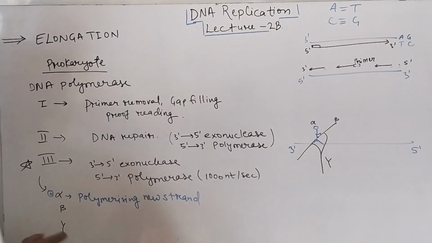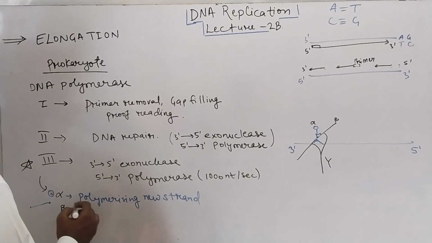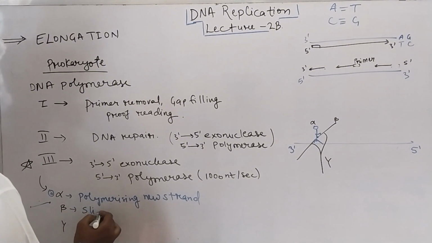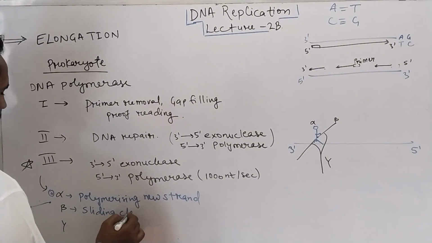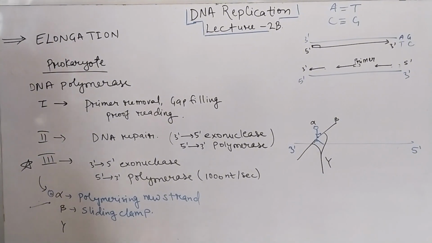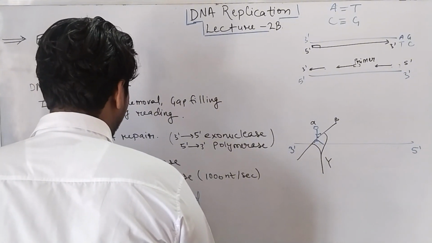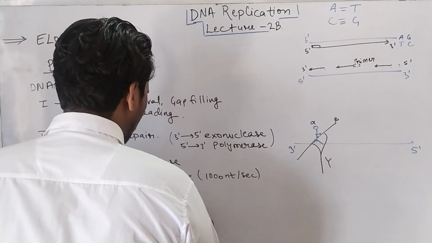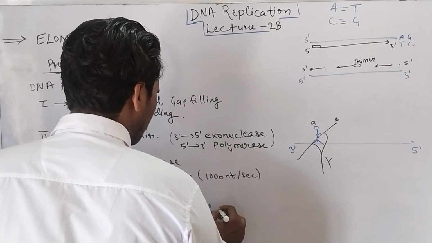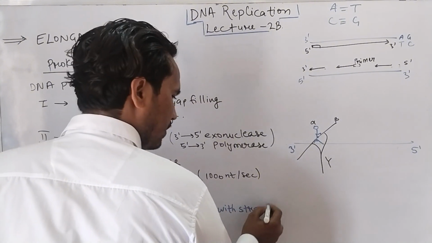So beta is the sliding clamp holding the polymerase on the strand.